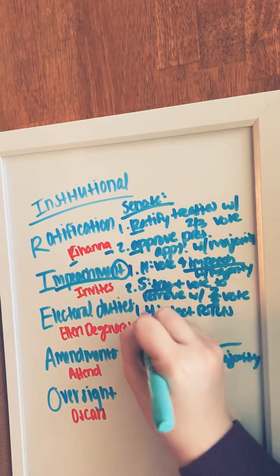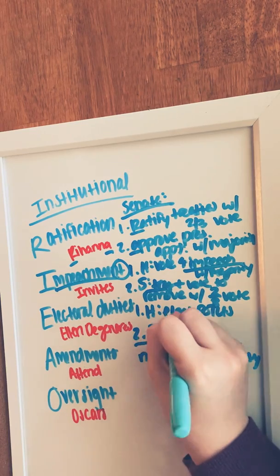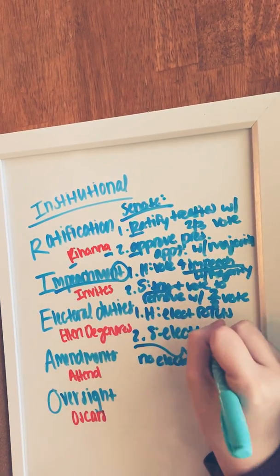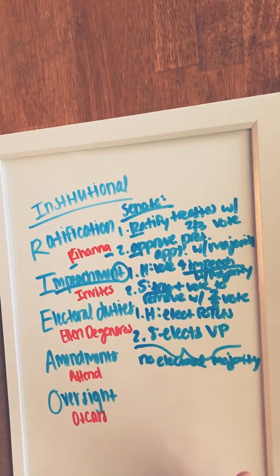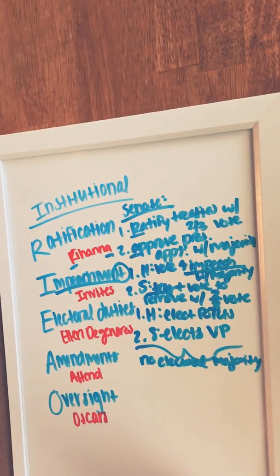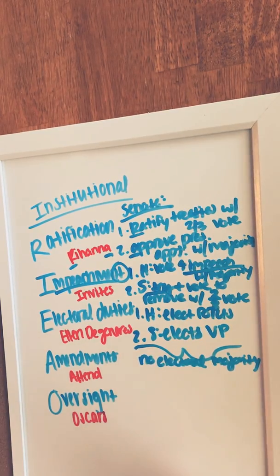And then the Senate elects the VP. All right, so that's it for that. And really, it's just remembering what president goes to which part of Congress. And what helps me remember is that the president per se has more power and the House has more people in it. So that's kind of my correlation with it.